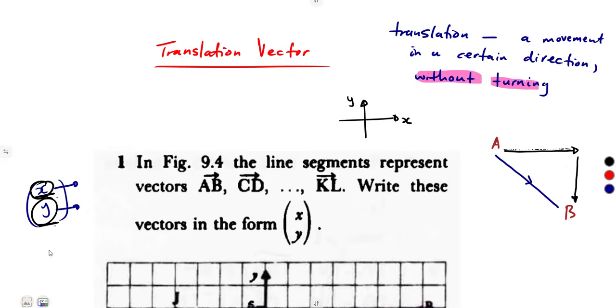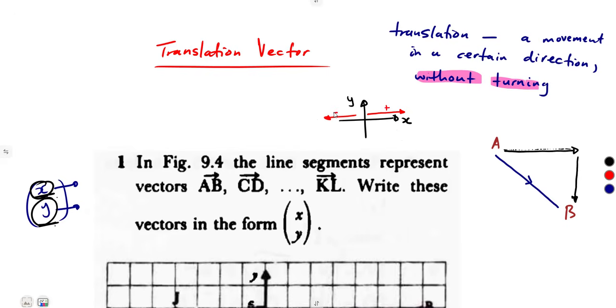X followed by Y. Any movement in the X-axis, we can move to the right or we can move to the left. To the right, that's a positive.